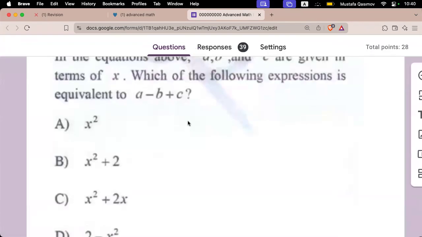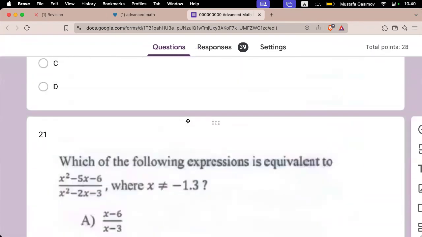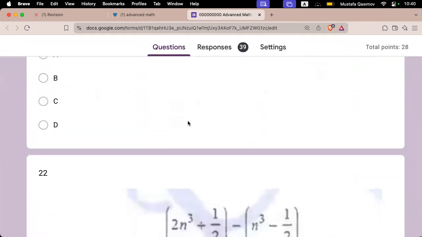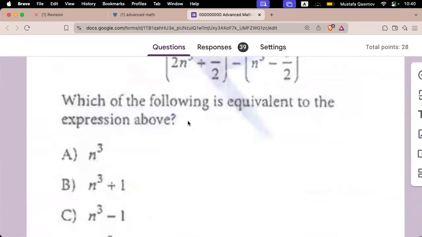But let's look 3 or 4 question from here. Okay, you can for 21, 22, you can write all of them to decimals. You can look their graph, you can find answer like that, or you can say n is equal to 1, you can find its value. All of them is okay.